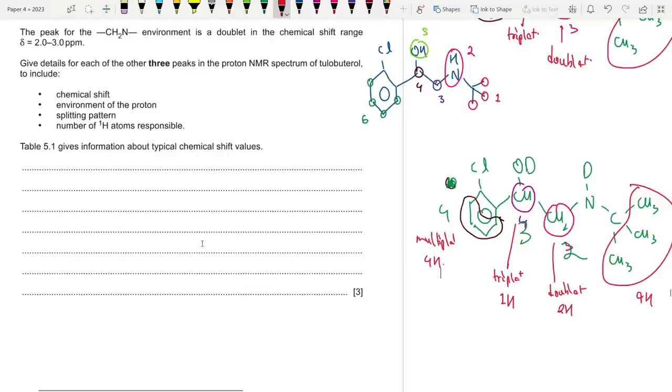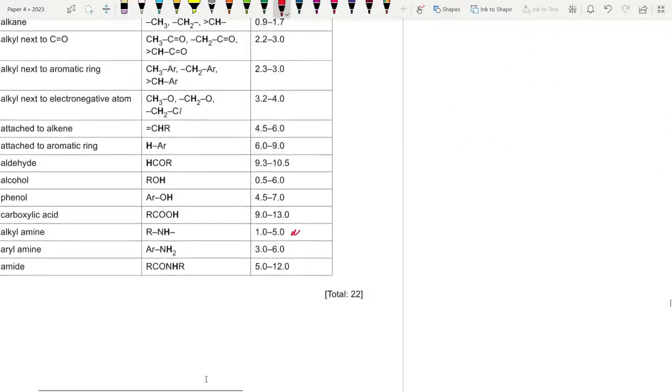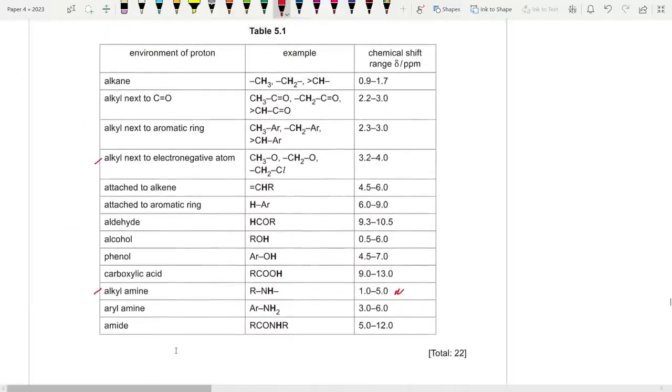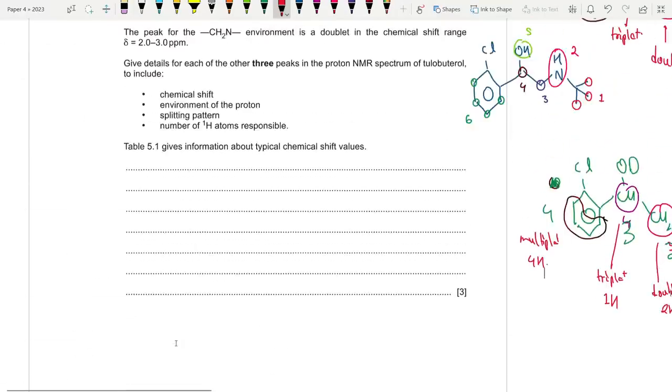So let's do the benzene ring first. You guys know that for a benzene ring, attached to an aromatic ring, it's 6 to 9. So for a chemical shift of 6 to 9 range, we have 4 hydrogen over here.